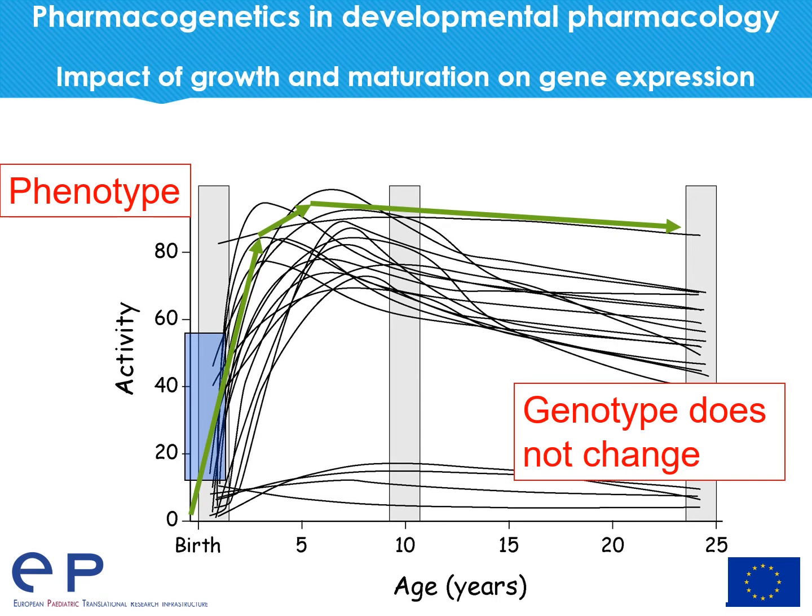And it is obvious that we have to take into account the impact of growth and maturation on gene expression. And this will explain why the importance of genetic variability is different between children and adults.